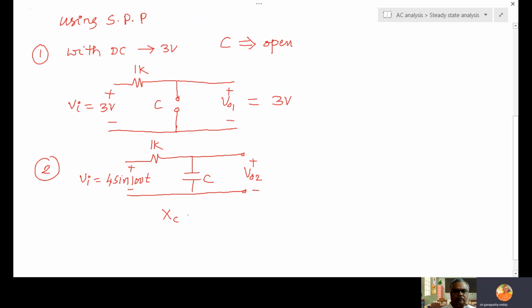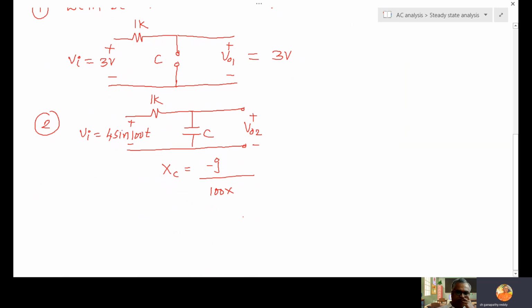It is minus j by omega C, omega is 100, and what is the C given? 10 microfarads, 10 into 10 power minus 6. So this is minus 1000j. Minus 1000j is the capacitor reactance.